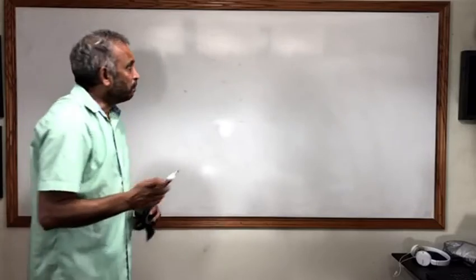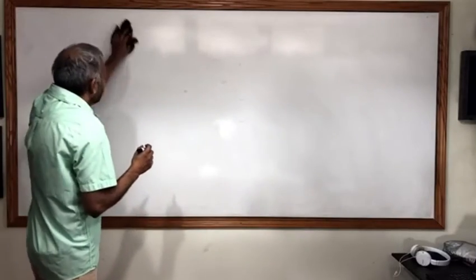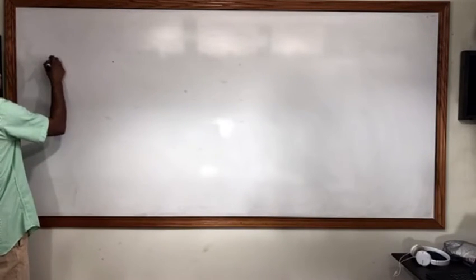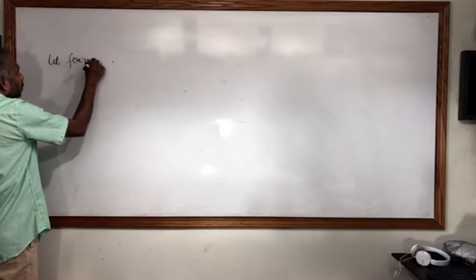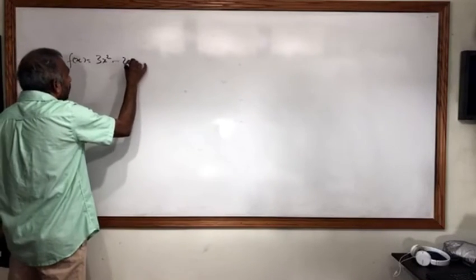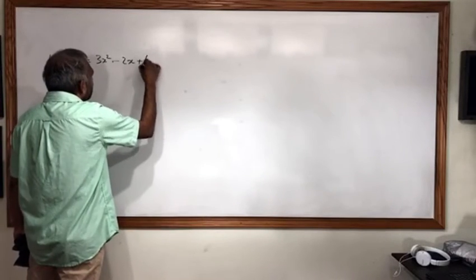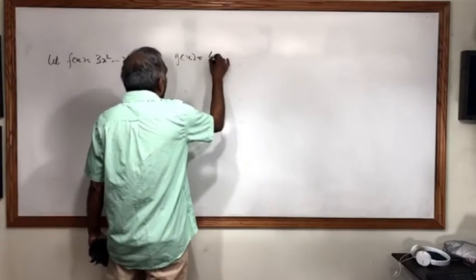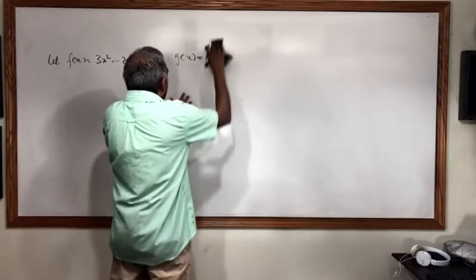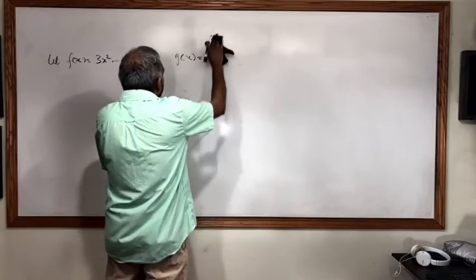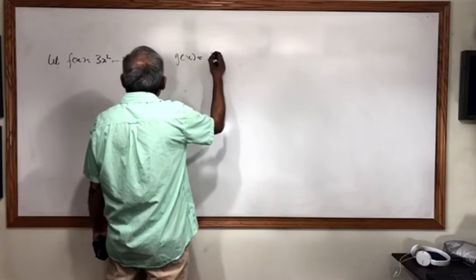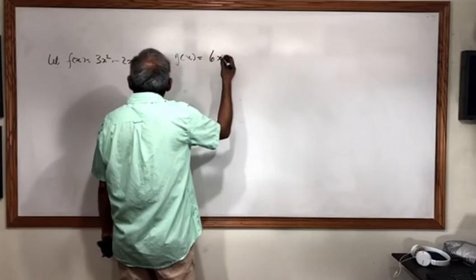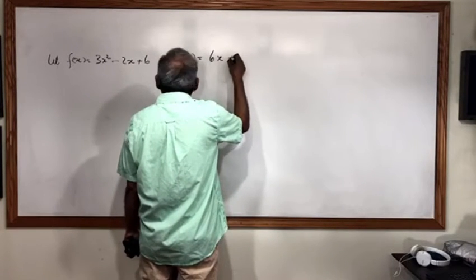Let us do some very simple examples on polynomials over a field. Let us take a finite field. Let f of x equal 3x square minus 2x plus 6, and g of x equal 6x plus 2.